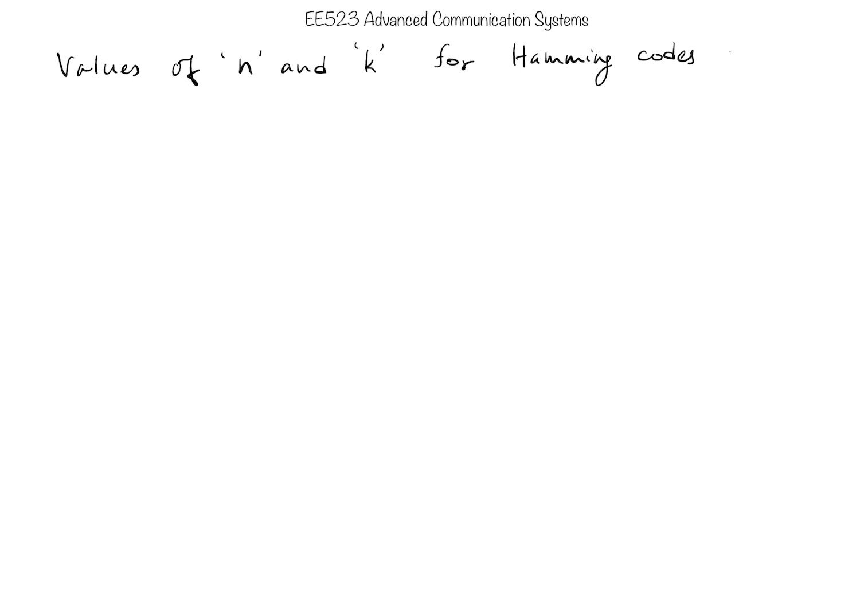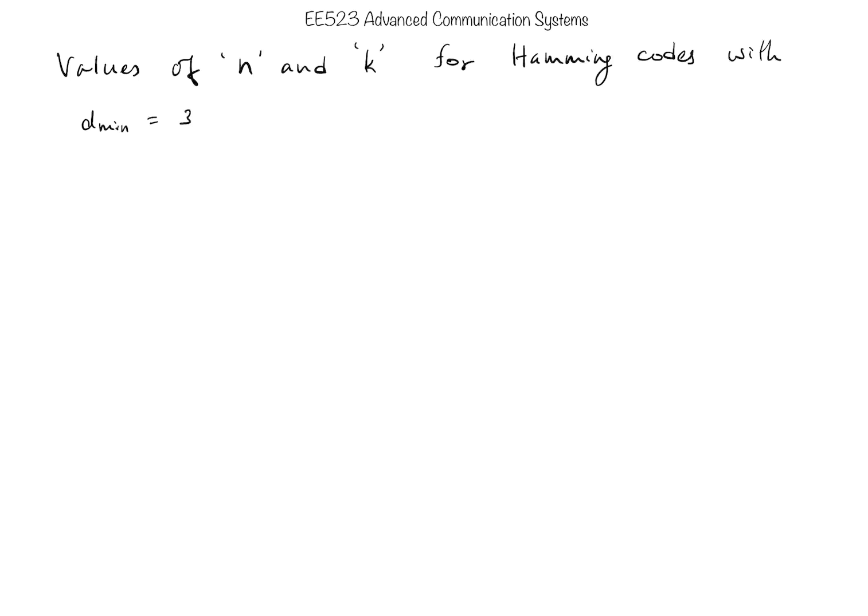Values of n and k for Hamming codes, which have a minimum Hamming distance of 3, d min equals 3. So how do we choose the values of n and k?